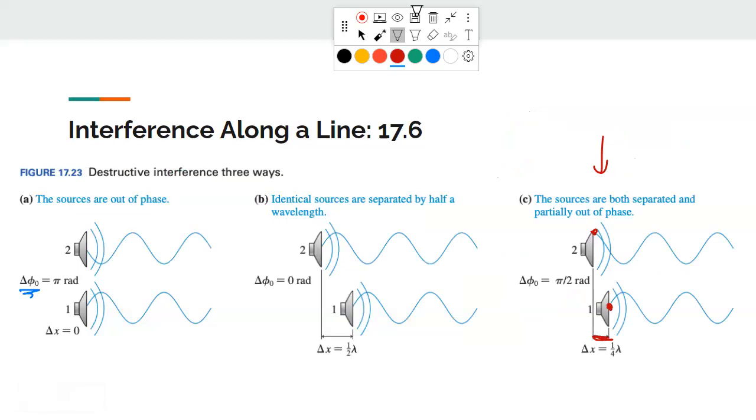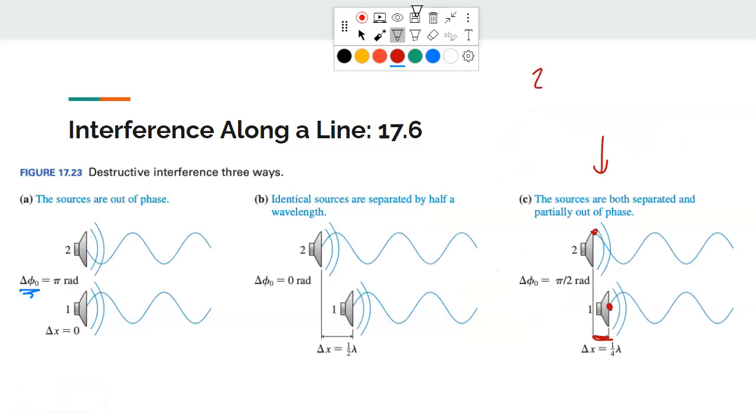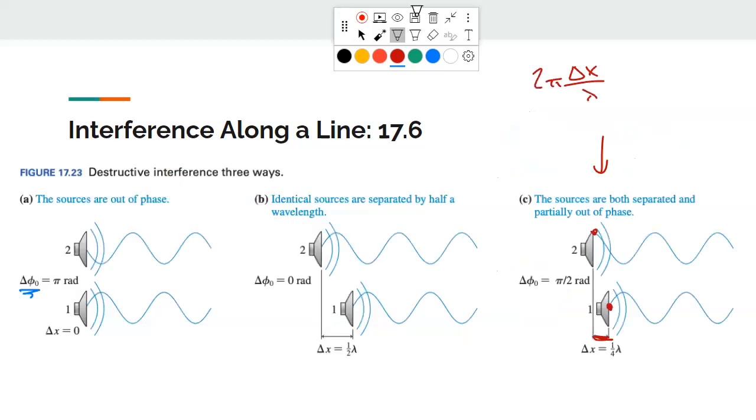In this situation, if you want to figure out, is this constructive, is this destructive, what's going on, we can come back to this equation. We have 2 pi times delta x over lambda plus this delta phi naught, and we want to know what that's equal to. Here they tell us delta phi naught is pi over 2, and they tell us that delta x is 1/4 of a wavelength.